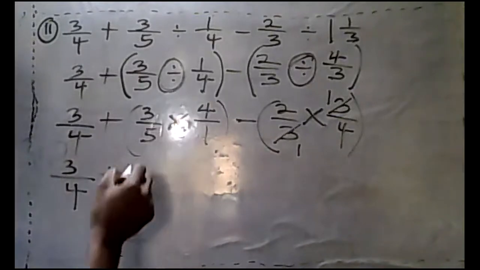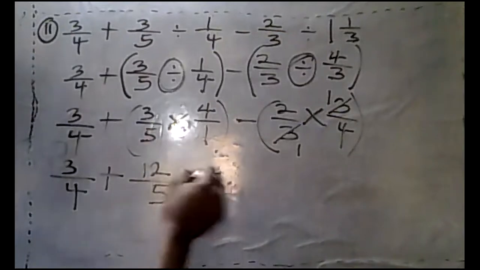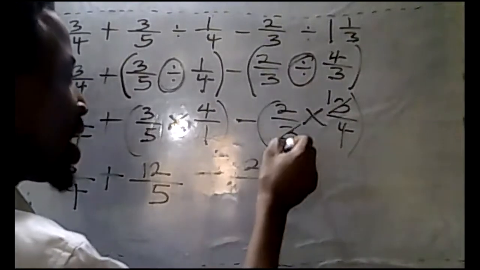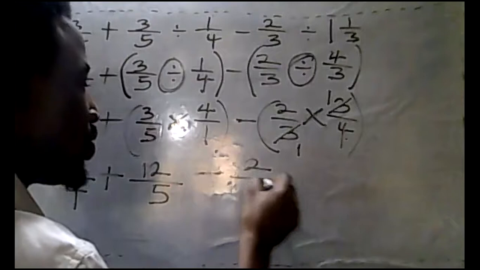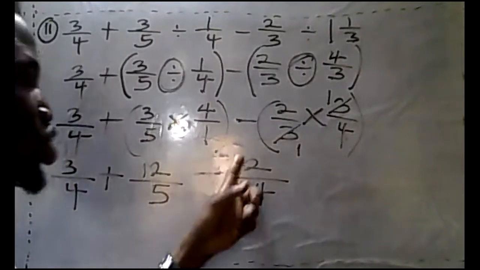You have 3 over 4 plus 3 times 4, 12, over 5 times 1, 5, minus 2 times 1, 2, over 1 times 4, 4. Are you seeing that? So now you have 3 over 4 plus 12 over 5 minus 2 over 4.